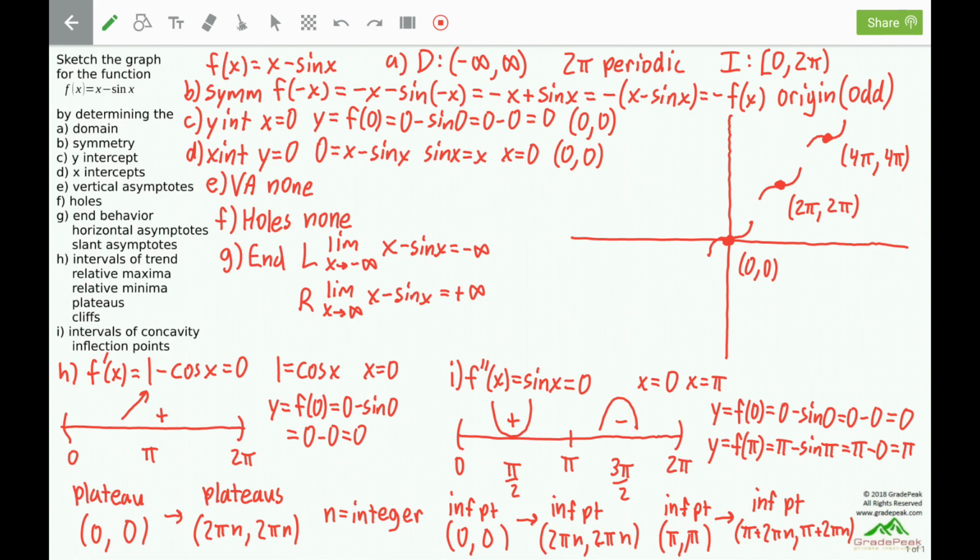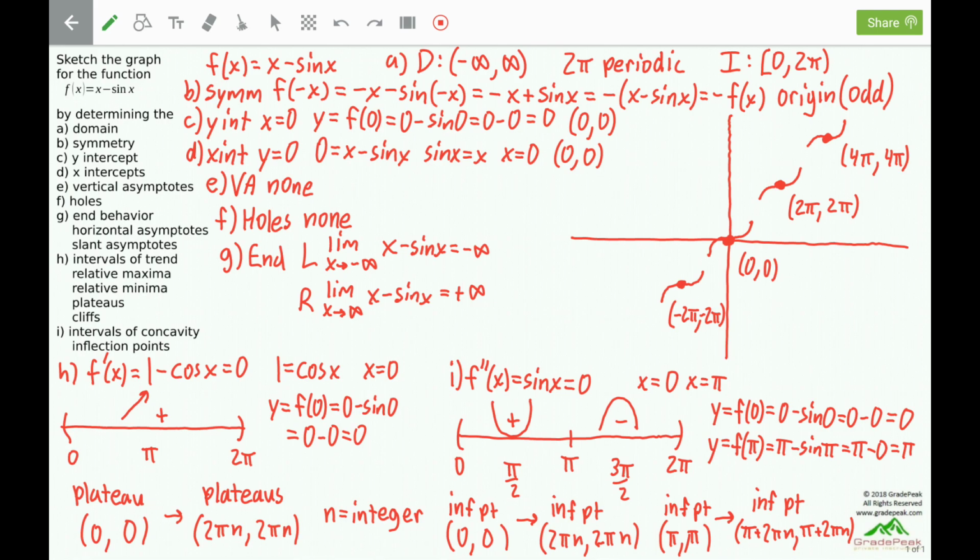We can also pick the integer to be a negative number, so if n equals -1, we'll have one at -2 pi, -2 pi, so it'll be somewhere about right here. So we can label that -2 pi, -2 pi.